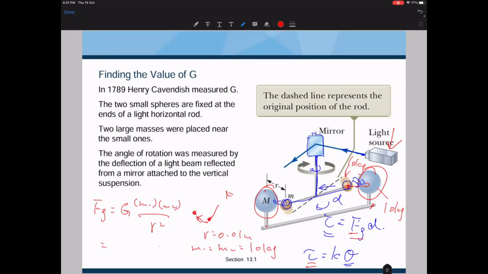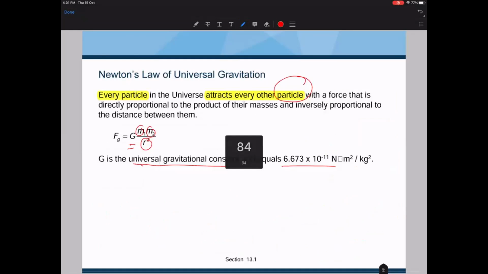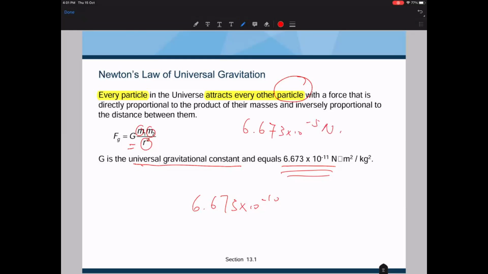If you put it into the equation, with G according to Cavendish, or according to modern day calculation, and multiply it, somebody has already calculated: 6.673 times 10 to the minus 5 Newton.